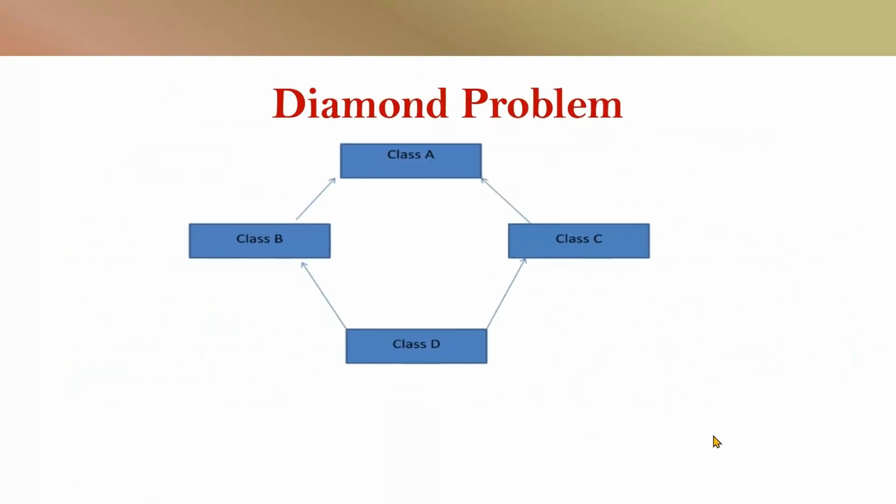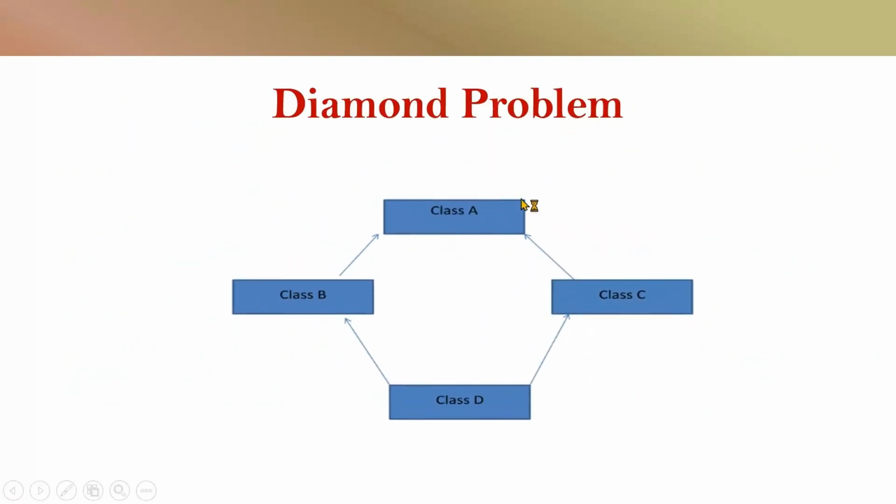Now here you can see in the diagram. Class A is a superclass, class B is a subclass of A, and class C is also a subclass of A. Now class D is trying to inherit its features from B and C. If you see this area, that is called multiple inheritance.